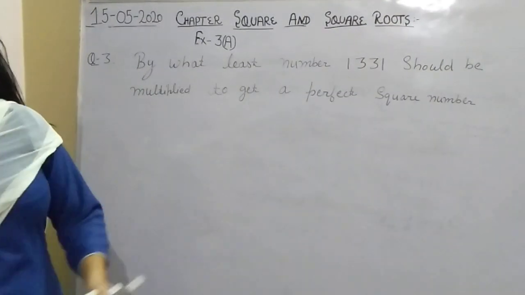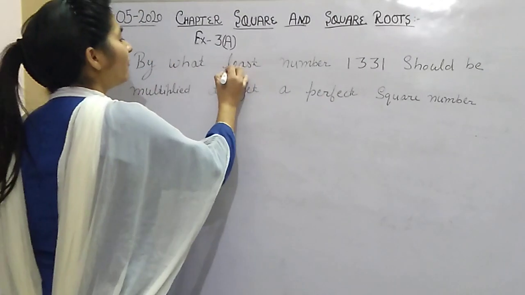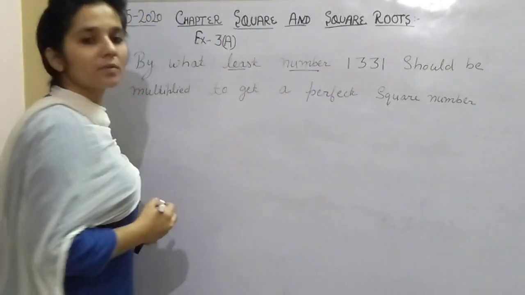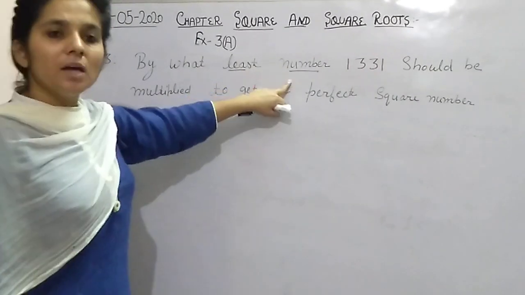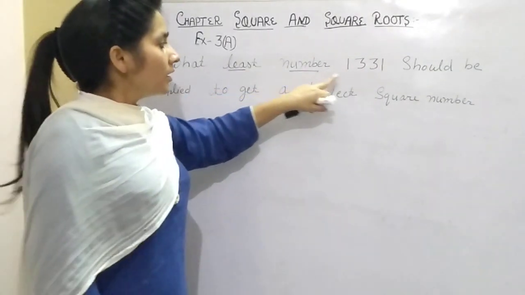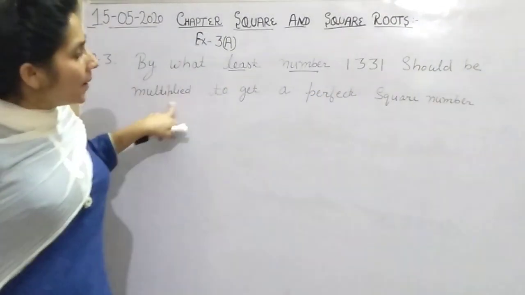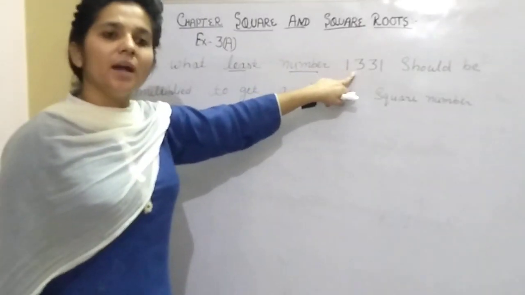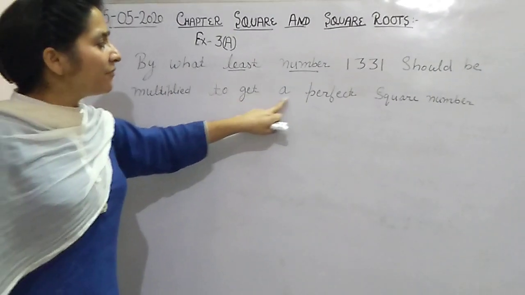According to this statement, there is one word, least number. We have to find the least number that should be multiplied by 1331 to get a perfect square number.